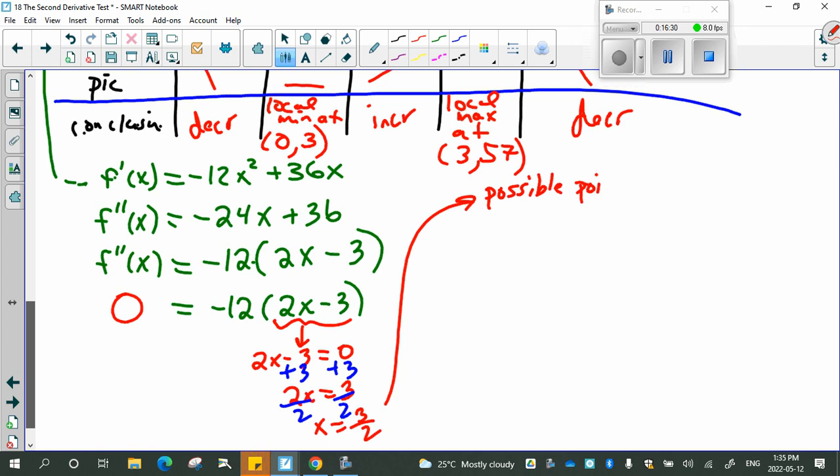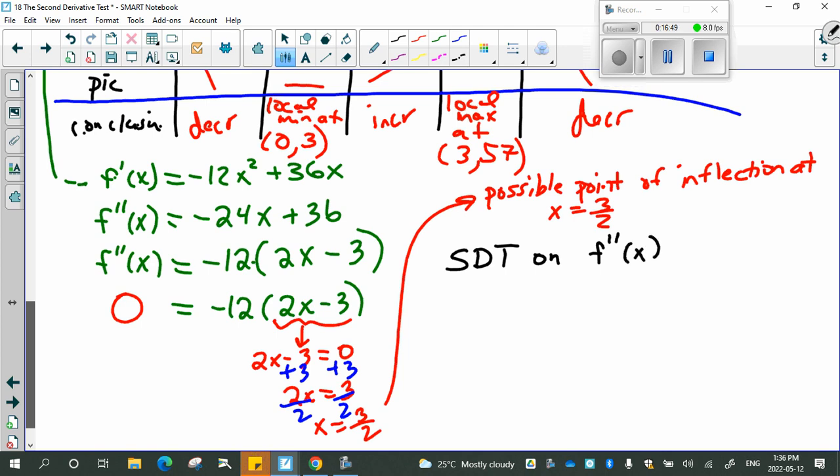So possible point of inflection at x equals 3/2, and then we're doing the second derivative test on f double prime at x equals negative 12 times 2x minus 3.